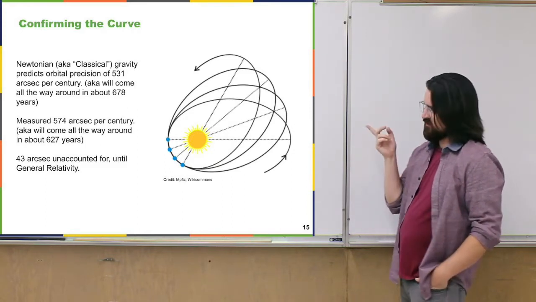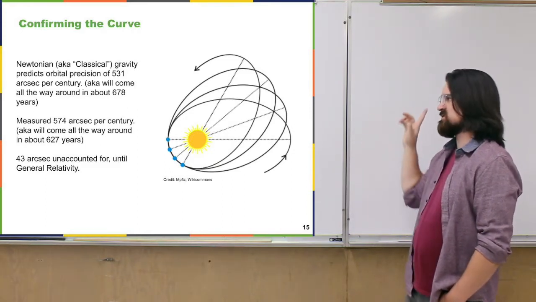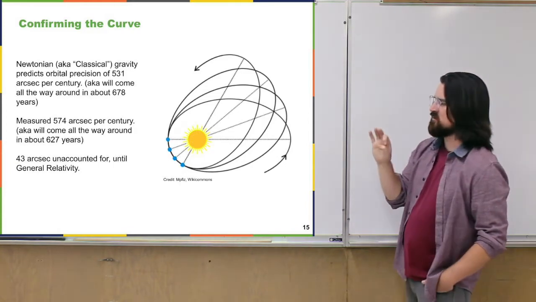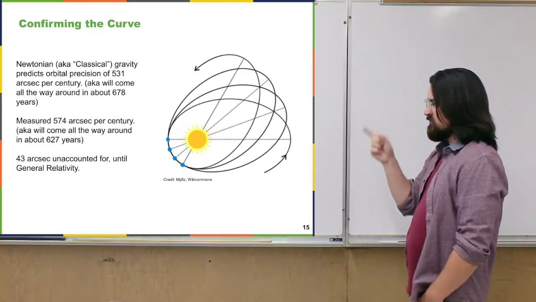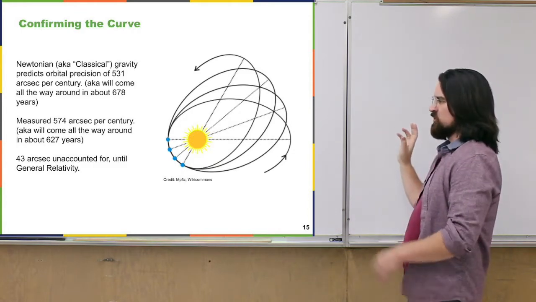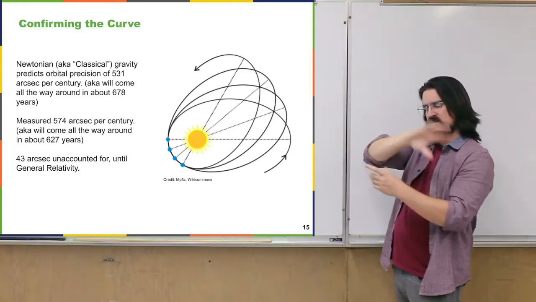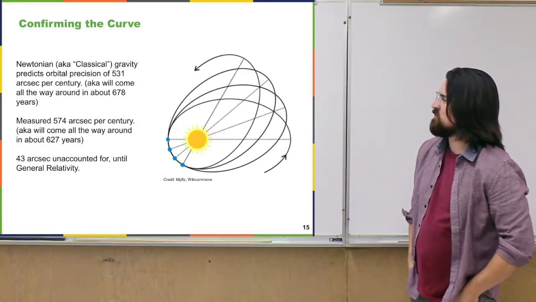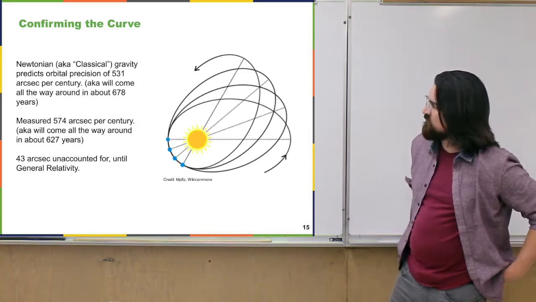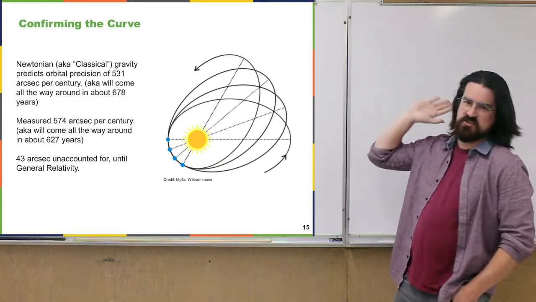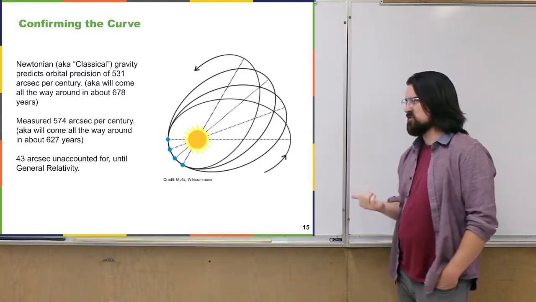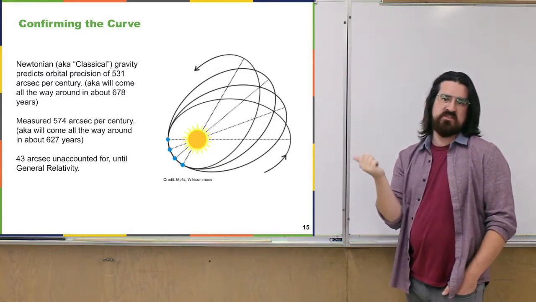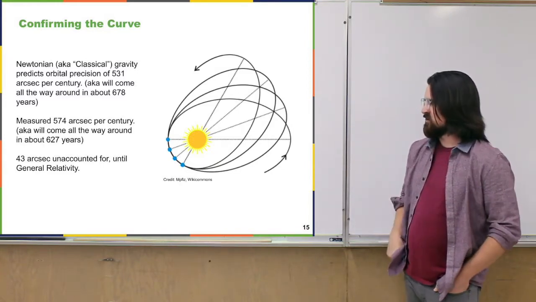However, the measured one was about 43 arc seconds faster than that. So the measured one is about 574 arc seconds per century, meaning that Mercury's whole orbit will advance all the way around the Sun and be back to where it started in about 627 years. So like 50 years faster than would have been predicted with just Newton's gravity. And using general relativity, Einstein could explain exactly this difference, the missing 43 arc seconds.